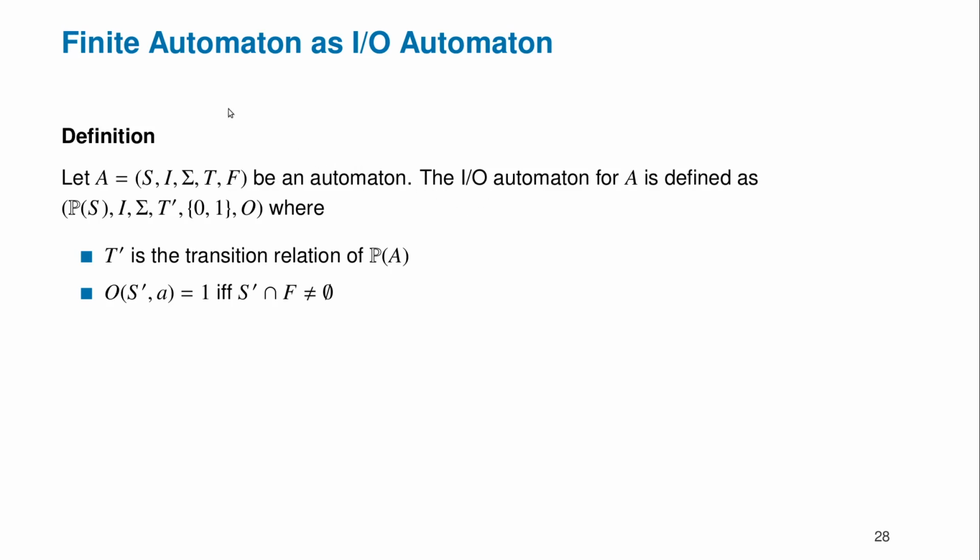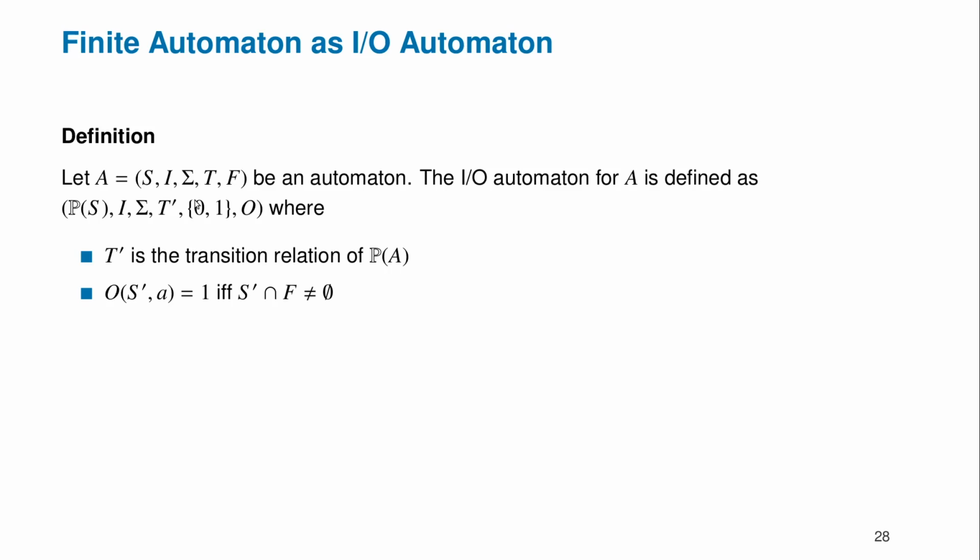So for the automaton A, we take the power set as the set of states. The initial state is simply the set of all initial states from A. So this is one set of PS. Then the input alphabet remains the same. So this is simply sigma.